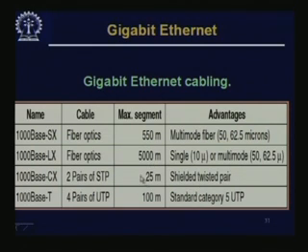Shielded twisted pair would only take you to 25 meters, and with 1000BASE-T you can go up to 100 meters using category 5, category 5E, or for Gigabit Ethernet actually category 6 is preferred. We discussed this when we were talking about the physical medium in the beginning of our lecture series.